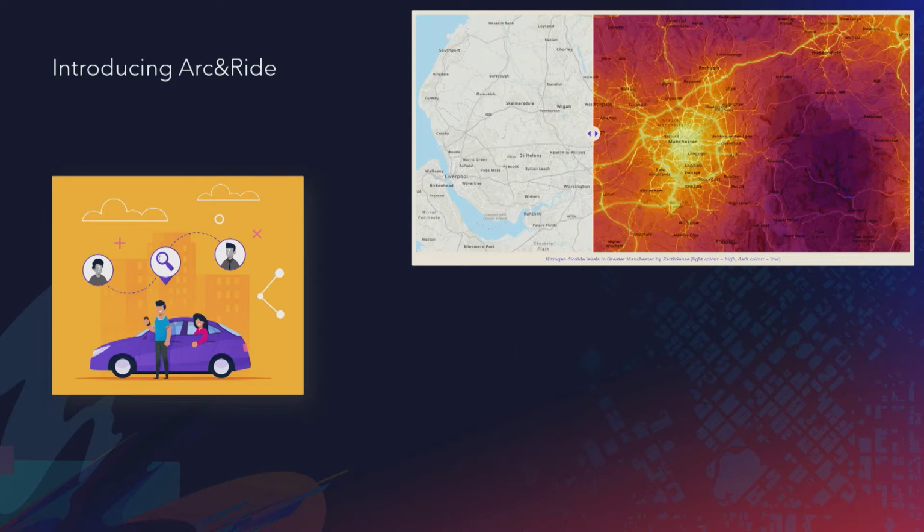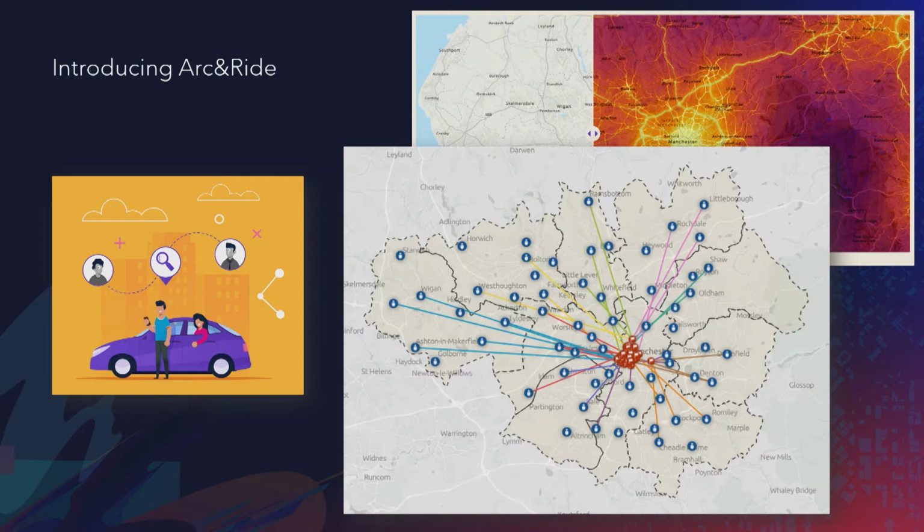Members of the scheme can share details such as pick-up points, shown as the blue icons on the map, drop-off points, the red flags that you can see, and the actual routes that they will take, the lines in between, that have details such as operational days, timings, and available spaces. This whole Arc and Ride scheme requires multiple applications.